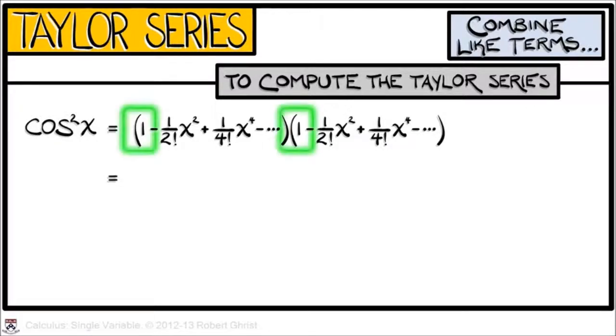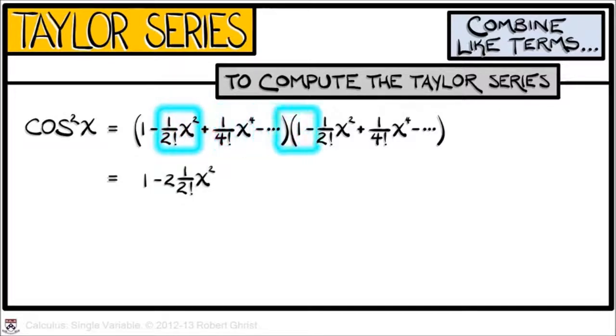The lowest order term is equal to 1, that is 1 times 1. The next order term consists of 1 times negative x squared over 2 factorial plus negative x squared over 2 factorial times 1.